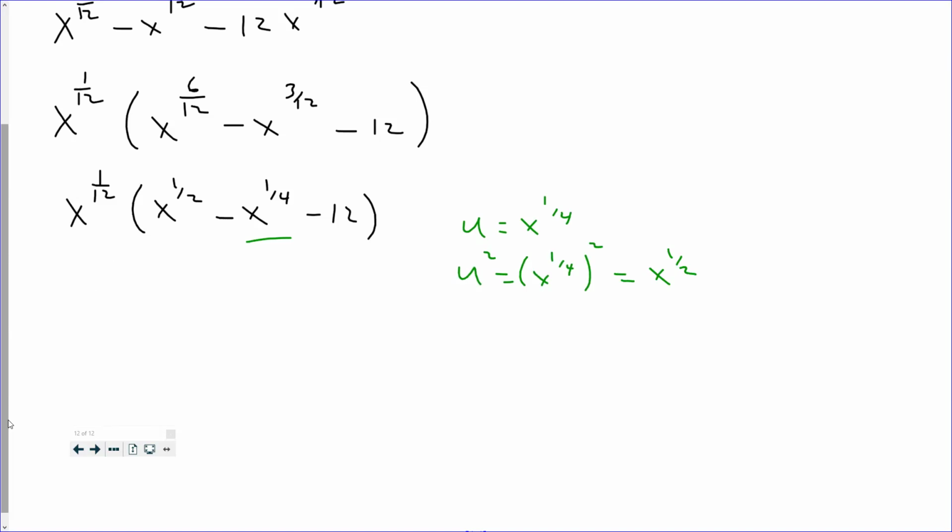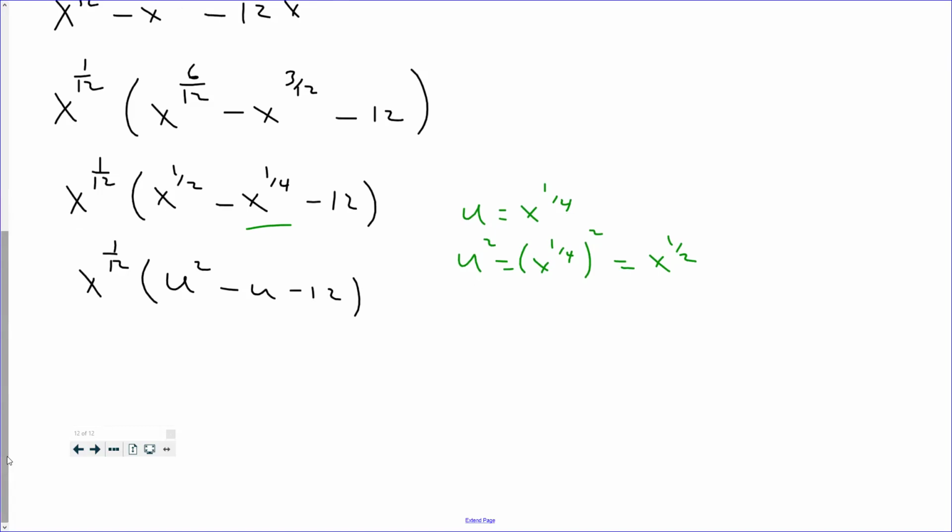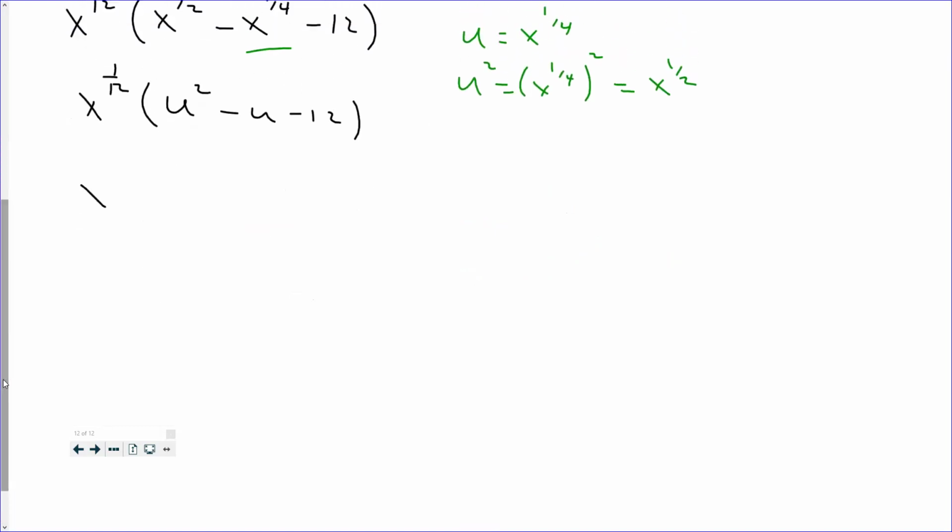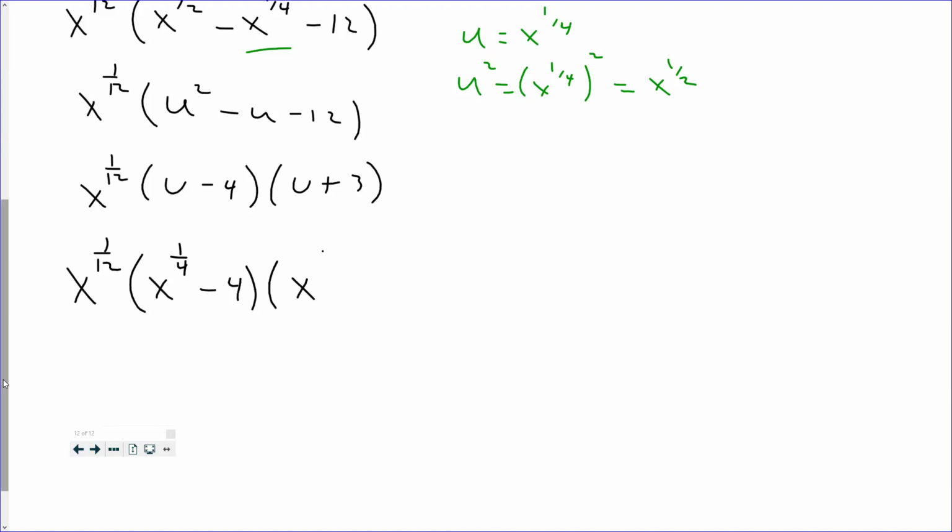So what we get is x to the 1/12 times u squared minus u minus 12. And this is going to factor to u minus 4, u plus 3. Then plug your u back in: x to the 1/4 minus 4, x to the 1/4 plus 3.